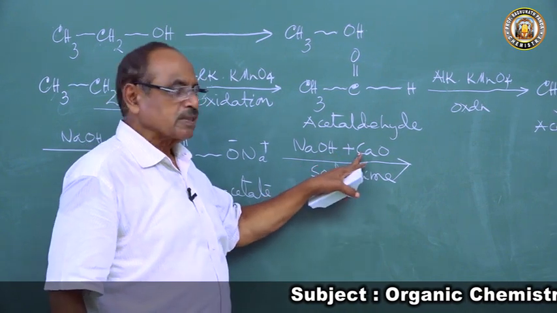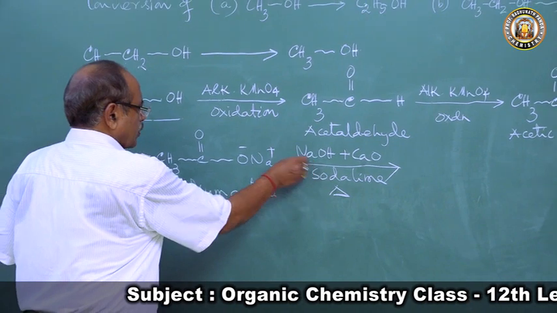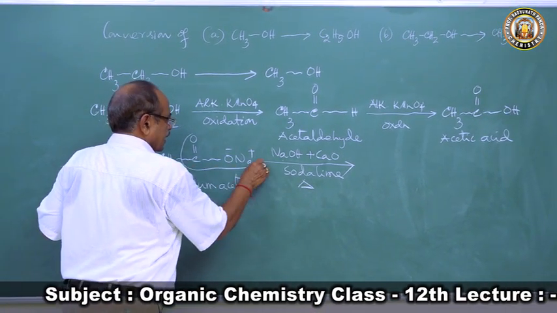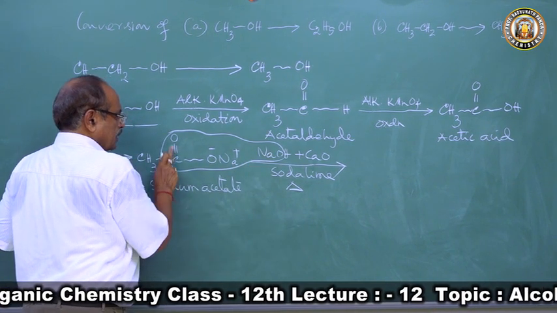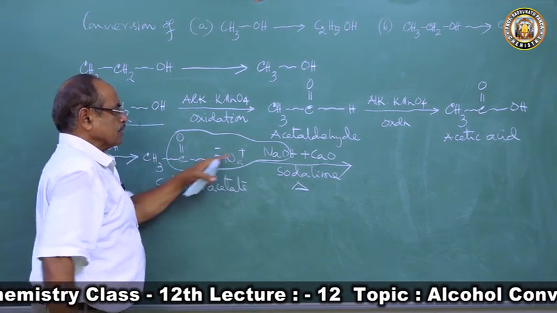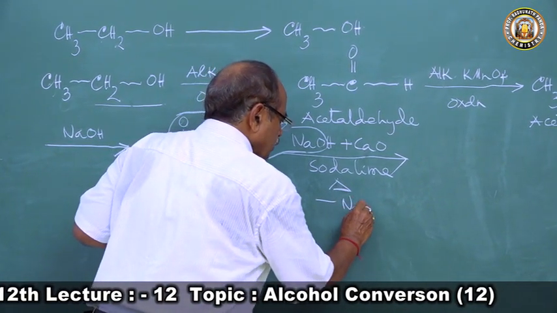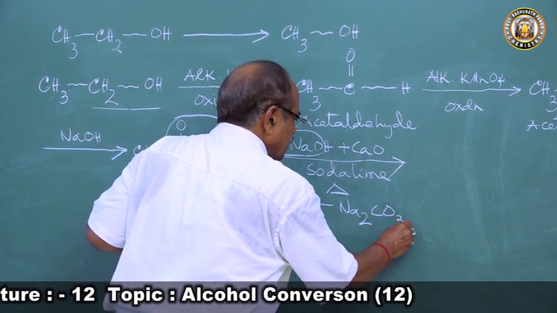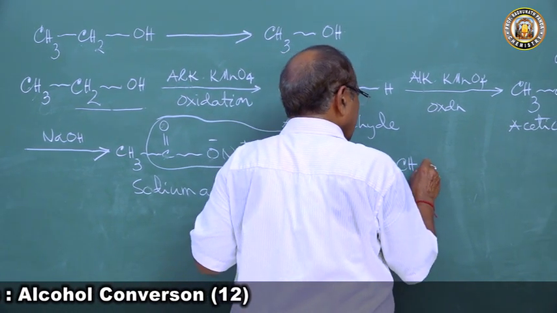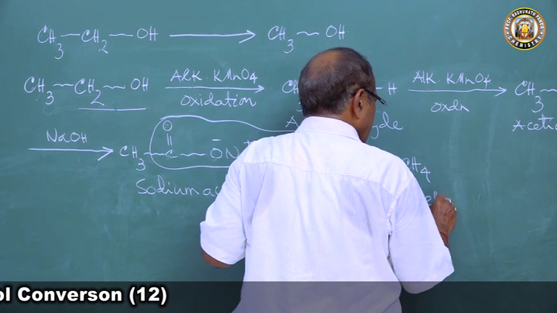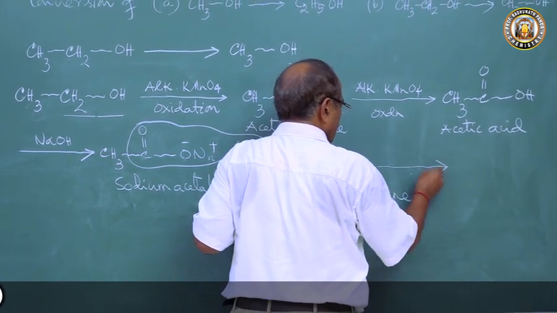That's the reason for calcium oxide. Then who takes part in the reaction? Sodium hydroxide. The NaOH and CH3COONa go as sodium carbonate, and the sodium carbonate is removed. So we get methane. This we have done while studying preparation of alkanes, decarboxylation of the sodium salt of a carboxylic acid.